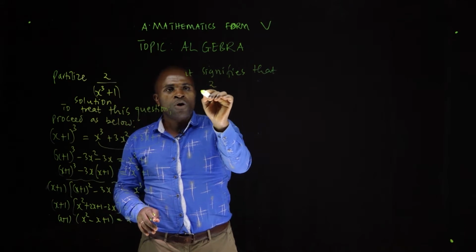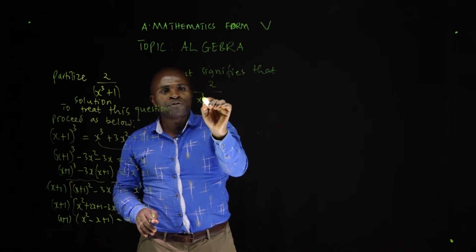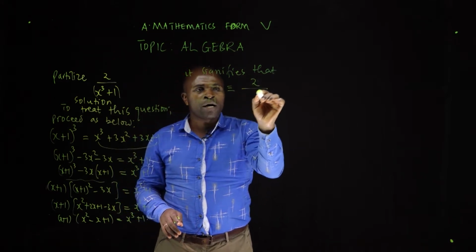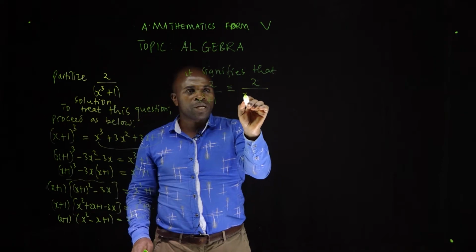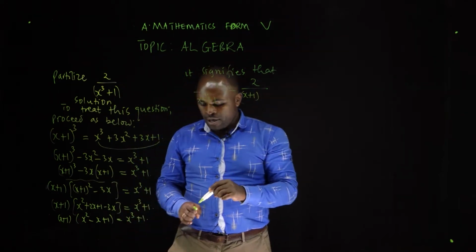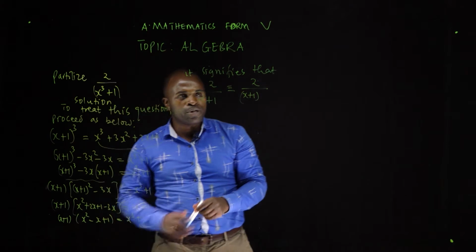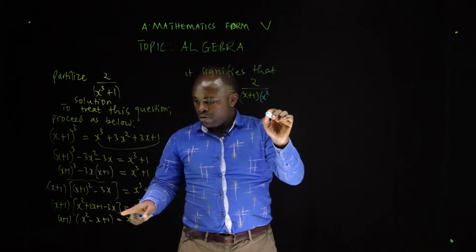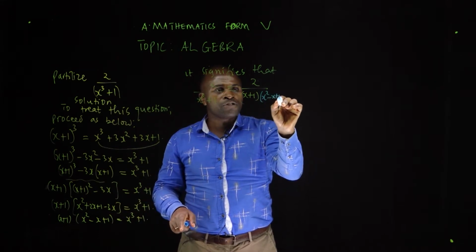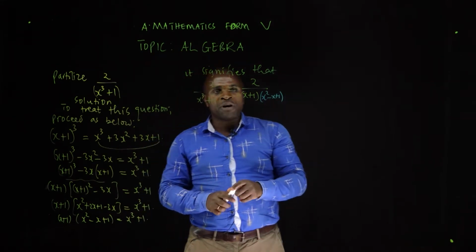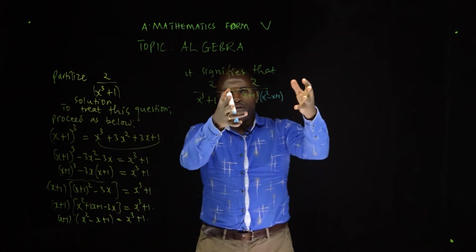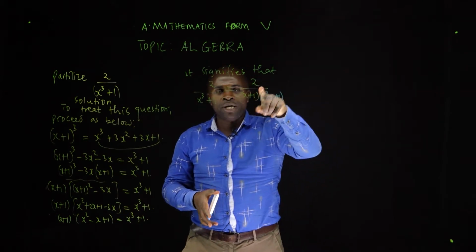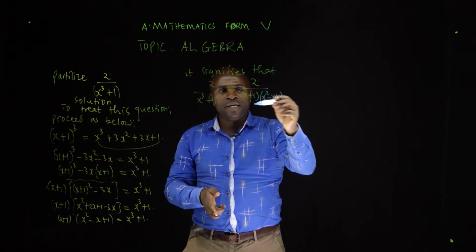2 over x power 3 plus 1 is equivalent to 2 over, this time now we simply have x plus 1, and in that order, brackets x squared minus x plus 1. We are now able to perform partialization from this part, which is now easily a denominator with linear factor and quadratic.